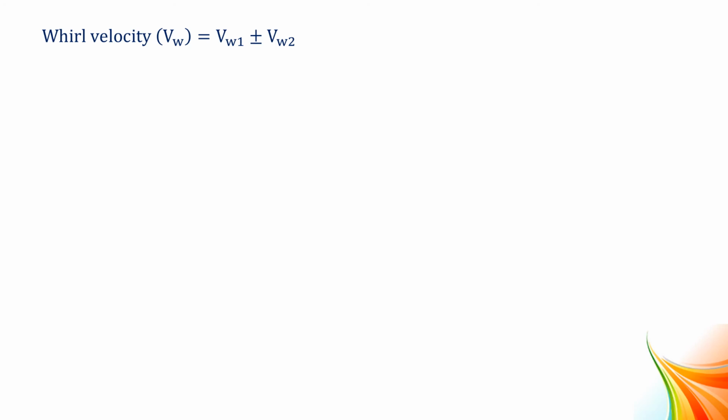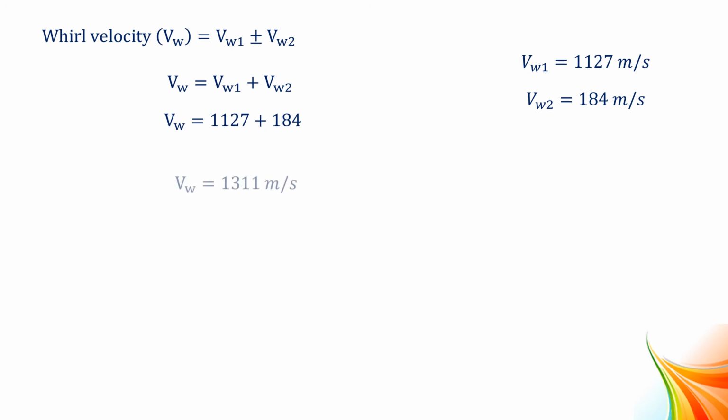Whirl velocity Vw equal to Vw1 plus or minus Vw2. In this problem, both whirl velocities are acting in different directions. Therefore, Vw1 plus Vw2 equal to Vw. Substituting the values of Vw1 and Vw2 obtained from the velocity triangle, we get Vw equal to 1311 meters per second.